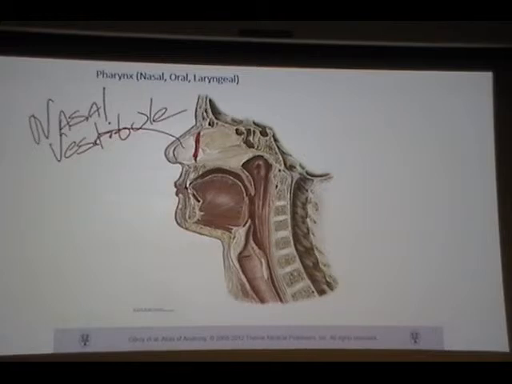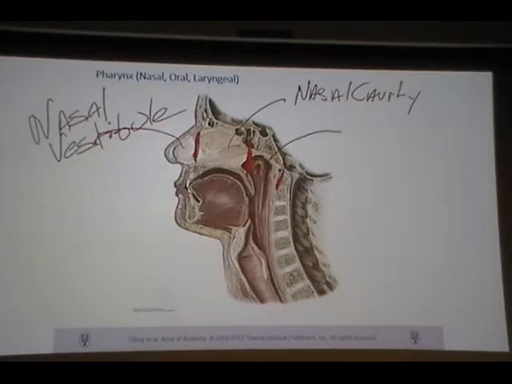This is called the nasal cavity. And then we have this region here, which is referred to as the nasal pharynx. Nasal vestibule, by the way, is heavily vascularized with an arterial branching of the maxillary artery called Kiesselbach's plexus.